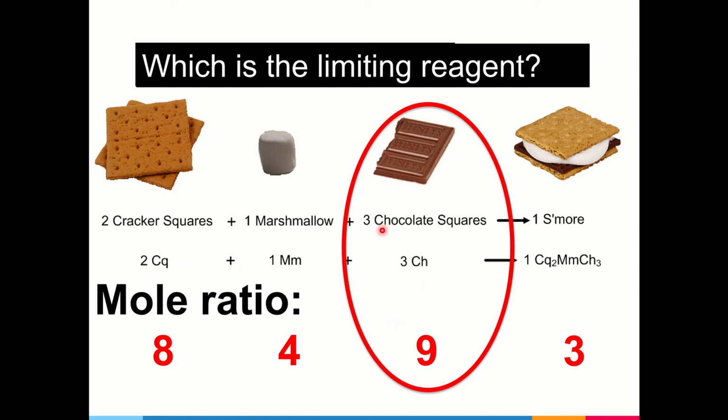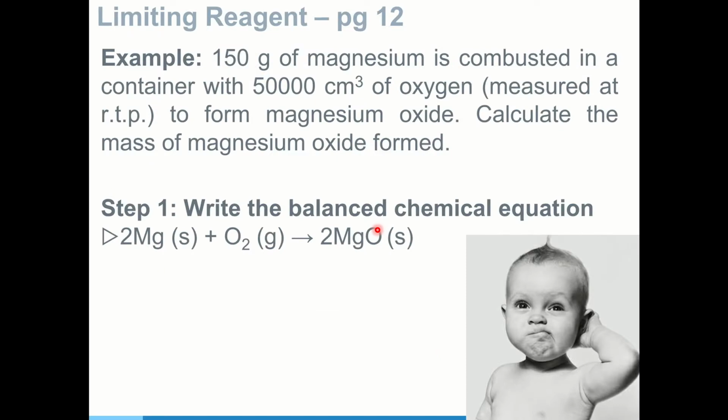So if I were to do it in a chemistry question, how should we do it? In chemistry, you are given mass or volume. You must always convert it to number of moles, because you're using the mole ratio. This is inside your notes.